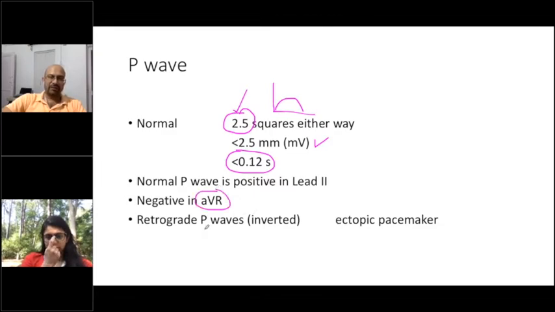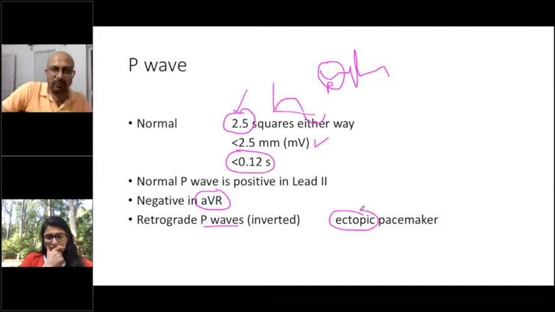And retrograde P waves is when you get a P which is negative. So if you find a negative P, you get an ECG tracing something like this. The drawing with the computer cursor is difficult. If this is the P and it is inverted, then mostly that means that your pacemaker is an ectopic pacemaker, and the impulse is traveling in the reverse direction from the AV node towards the SA node.